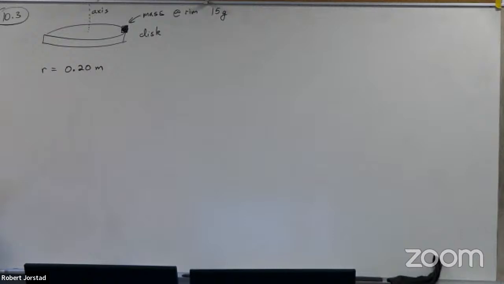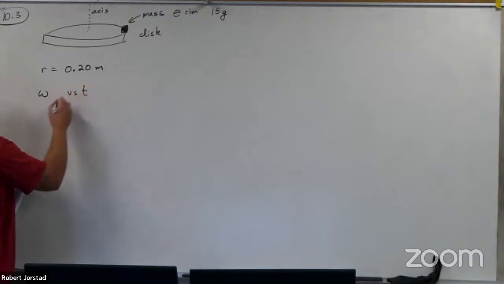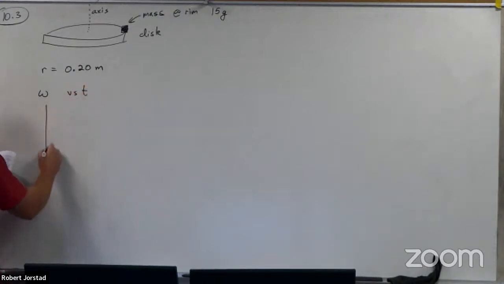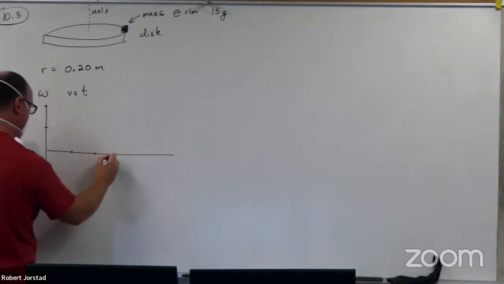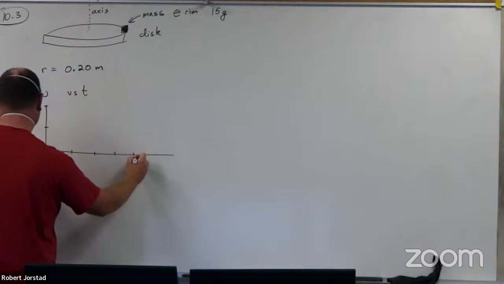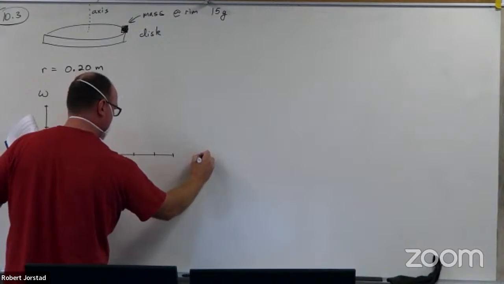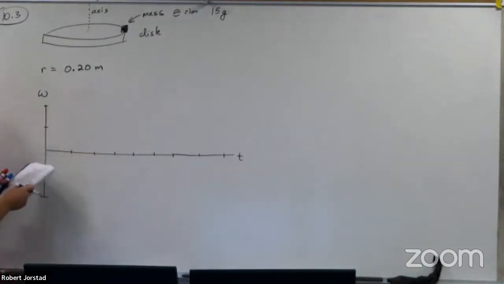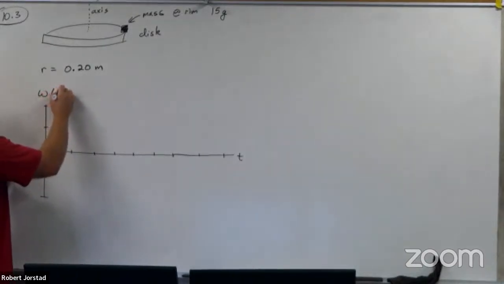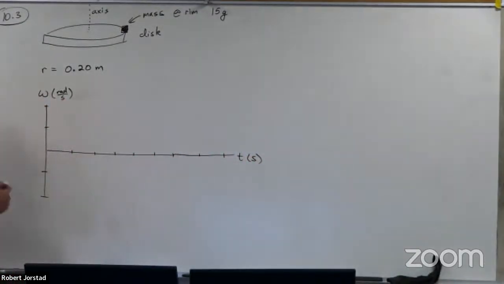Okay. And we've got a plot of omega versus t. This is time, this is omega, and time is in seconds, and this is radians per second, I hope. Let me see if I can draw this plot pretty well.